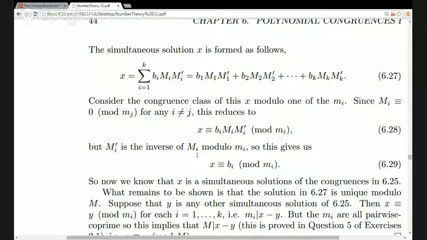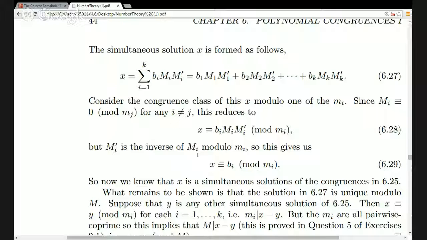But we know that the capital mi's... so we're looking at this x modulo little mi. The only term that's going to be left behind, the only term that's non-zero is the one featuring capital Mi and capital Mi prime. Okay? All of the other ones are congruent to 0 modulo little mi, just as it was in the example that we studied.